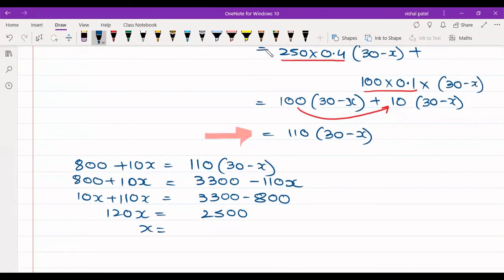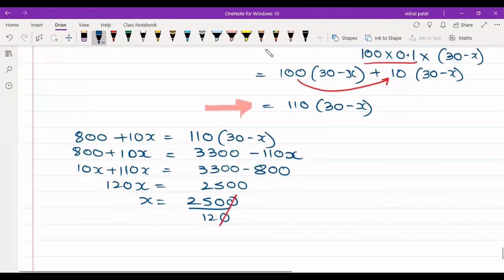So x equals 2500 upon 120. The zero cancels, students, so I'll get 250 upon 12, which reduces to 20.83 degrees Celsius.